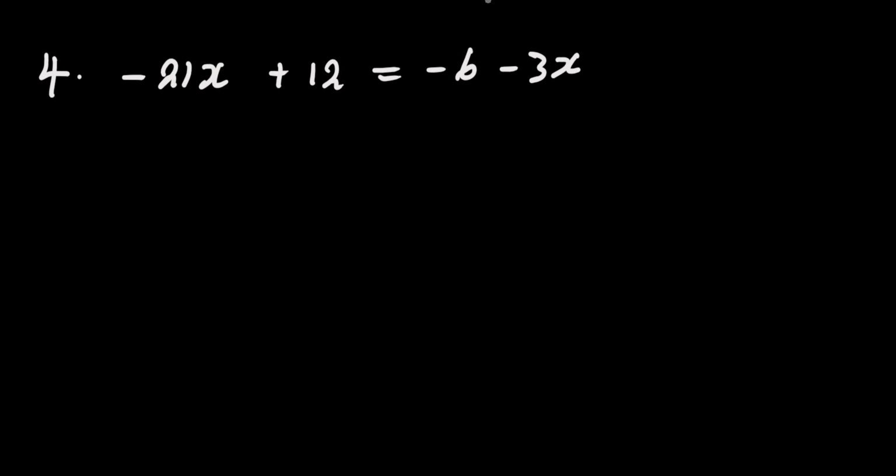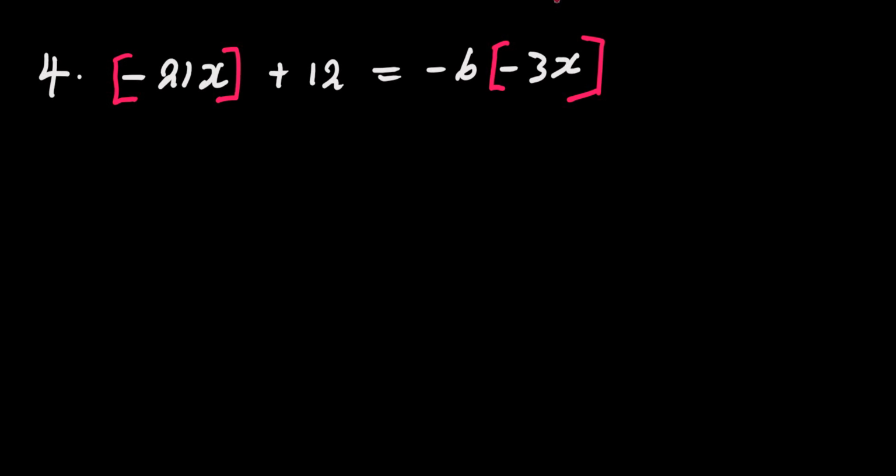Now we are going to combine like terms. We have x on both sides, so we have negative 21x on the left side, we have negative 3x on the right side. We can decide to move any of them, either move negative 21x to the right or move negative 3x to the left. All right, so let's move negative 3x to the left.